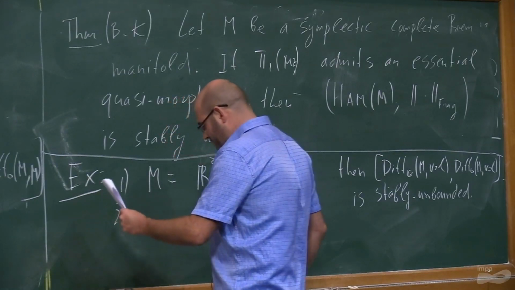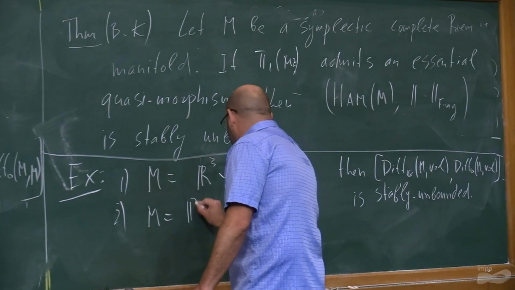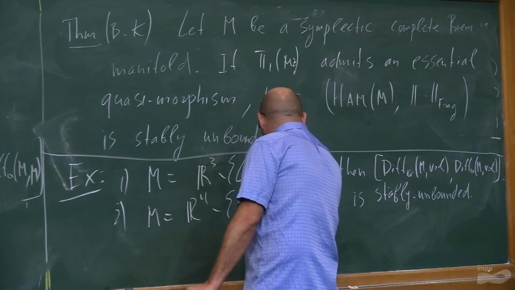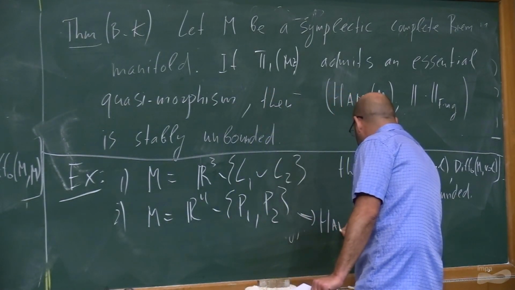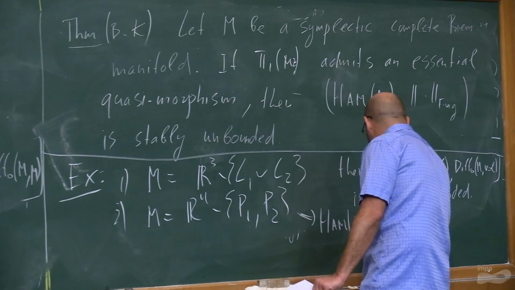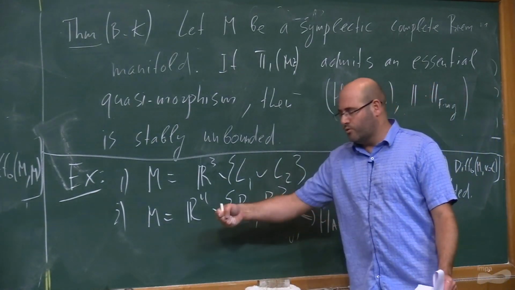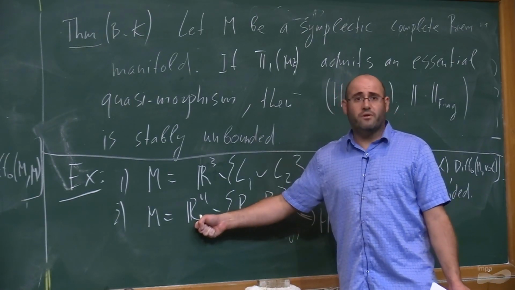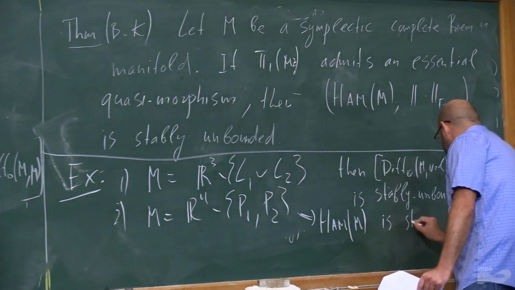So you can take M equals, let's say, R4 minus 2 disjoint planes, P1 and P2, and then Ham of M is stably unbounded. Well, this is known because we know that the Hofer norm is stably unbounded, but this is the first time we proved that the fragmentation norm is stably unbounded on this group.